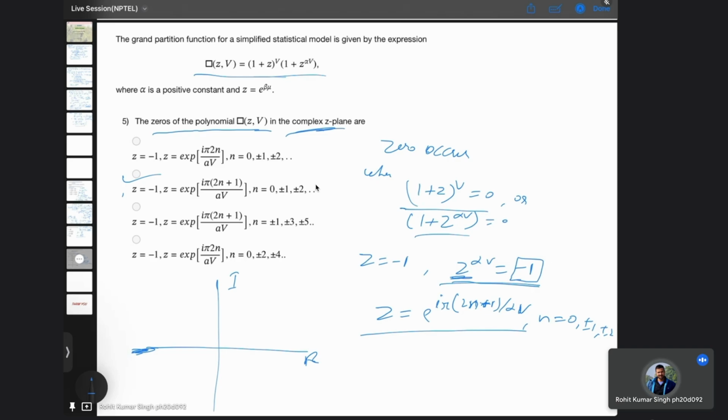So this quantity can be -1 at various instances, so this is a -1, but there can be other points in the complex plane whose magnitude is 1. So all those are considered in this expression.